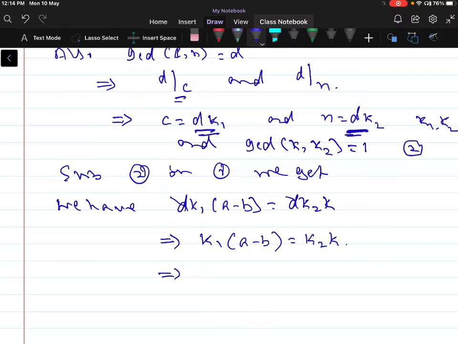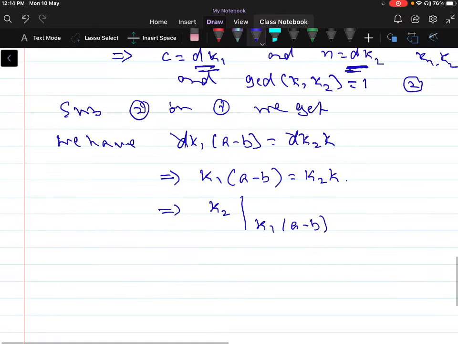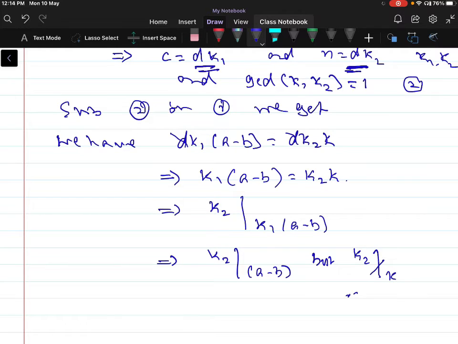This implies K2 divides K1 into A minus B. This implies K2 divides A minus B, but K2 does not divide K1 since GCD of K1 and K2 is 1. K1 and K2 are relatively prime numbers. Therefore, K2 does not divide K1.